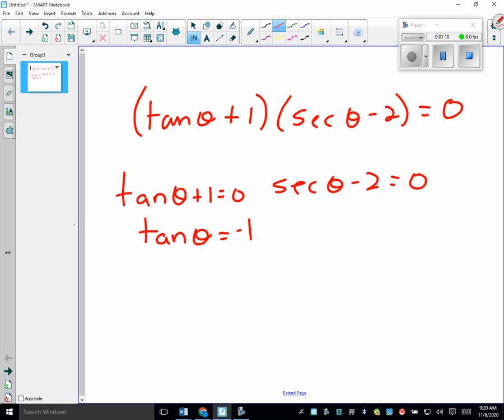When is tangent negative? 2 and 4. When is tangent 1? Pi over 4. So do I need to put pi over 4 in quadrant 2 and pi over 4 in quadrant 4? Right?